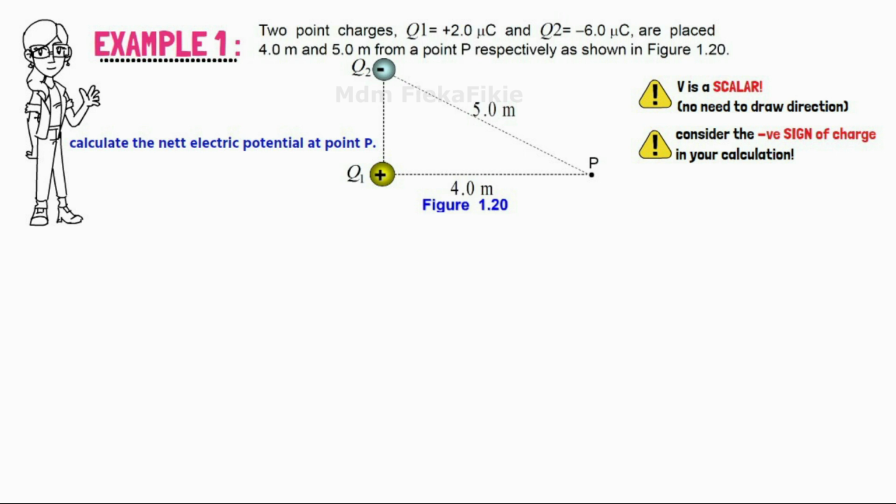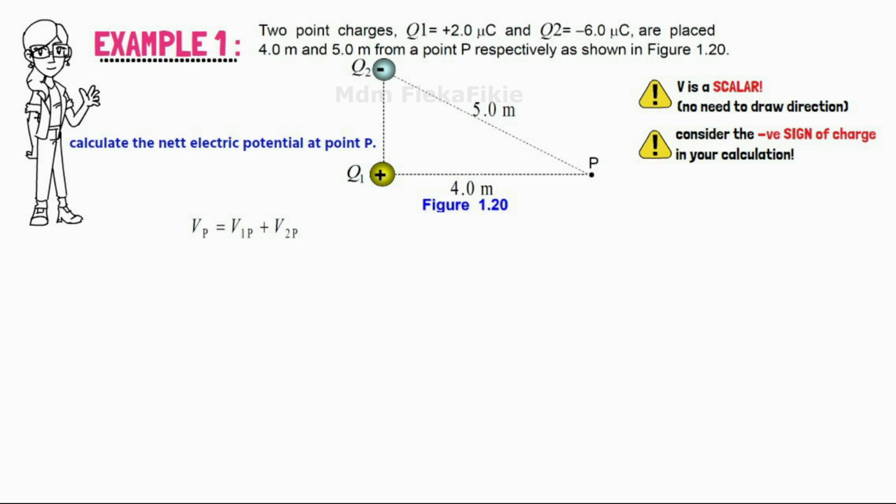So, kita ada 2 point charges, means that V at point P is equal to V1P, means that potential due to the first point charge, V1P plus V2P. V2P means that electric potential at point P due to second charge. Okay, so kita masukkan dalam formula. Ingat lagi ke?